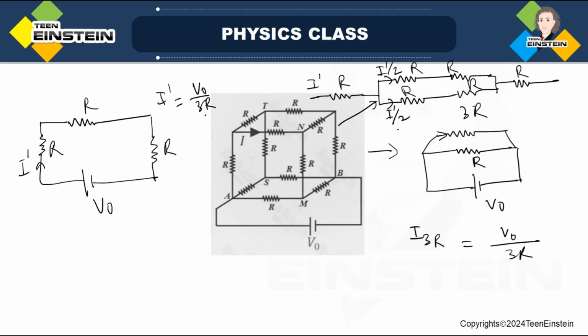So if this is I prime, or V0 by 3R, then I prime by 2 is V0 by 6R. This will be the current in the specified resistor. We had to find the current through this resistor.